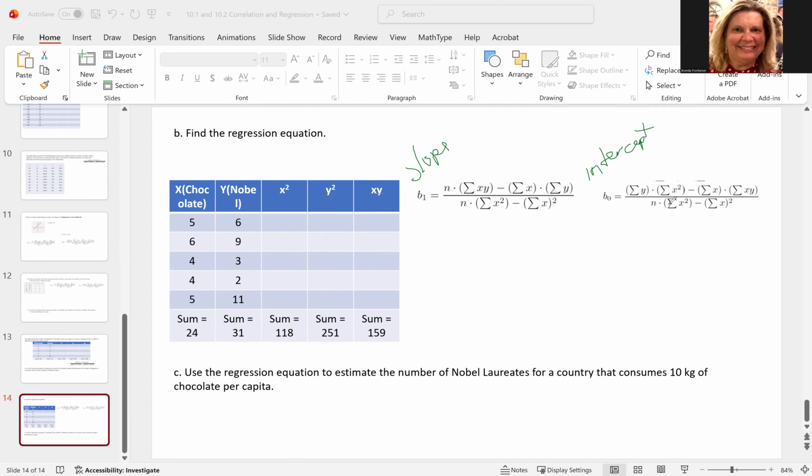Okay, so B sub 1 equals N times the sum of xy minus the sum of x times the sum of y, over n, so 5, times the sum of x squared minus the sum of x squared. Gives me 51 over 14, which is 3.64.